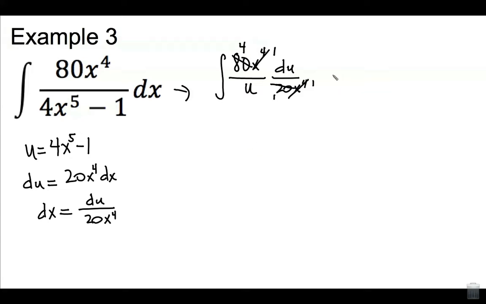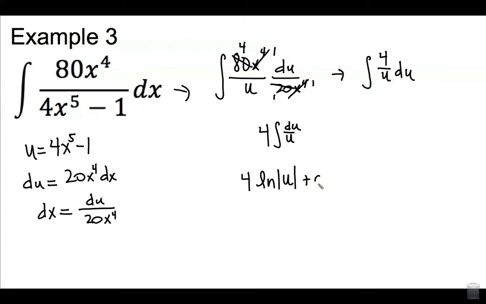So now I have the indefinite integral of 4 over u with respect to u. I can factor this out because it is a coefficient. So now I have 4 times the indefinite integral of 1 over u du. So now this becomes 4 times the natural log of the absolute value of u, since in this case u is our variable, plus our constant.